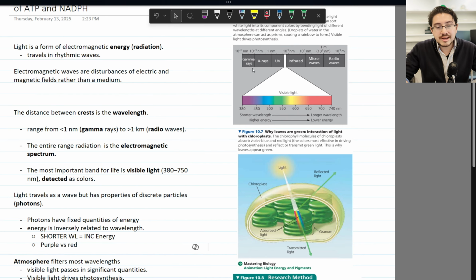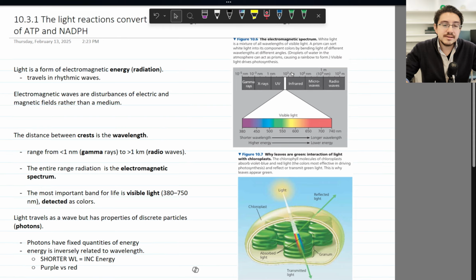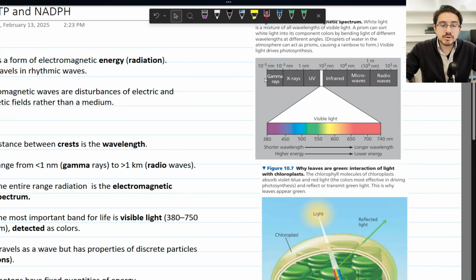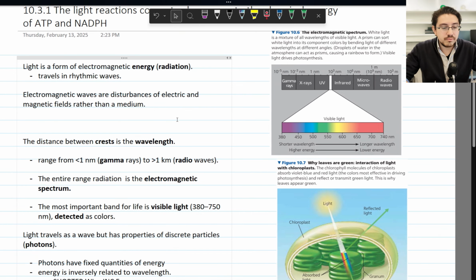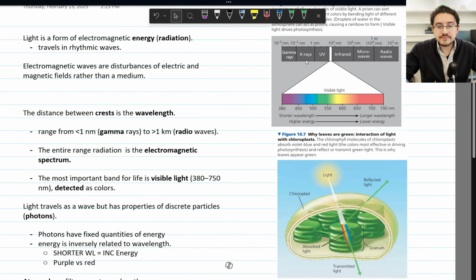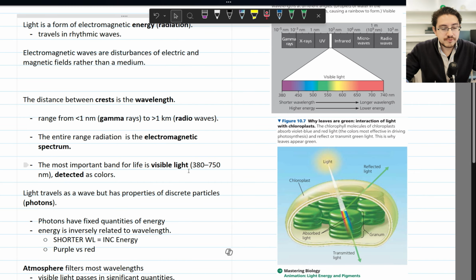And this is what you have here, the electromagnetic spectrum. Let me just zoom in a little bit, where you have gamma rays being the shortest wavelengths, and the longest wavelengths being radio waves that could reach kilometers in size. This range of wavelengths is called the electromagnetic spectrum. Now, visible light is found in a very narrow range of this spectrum, starting from 380 nanometers.